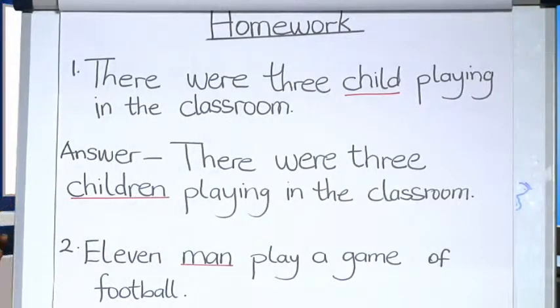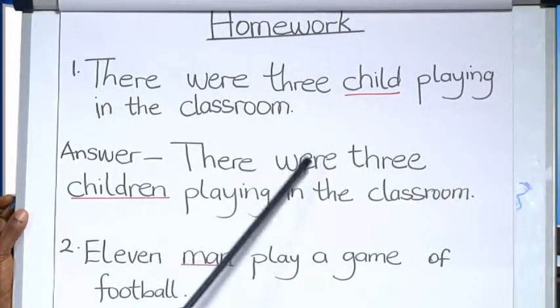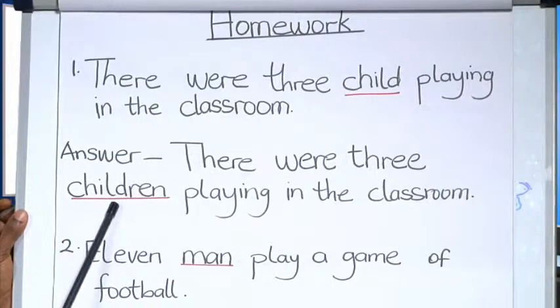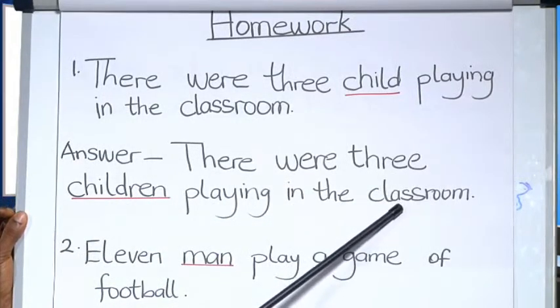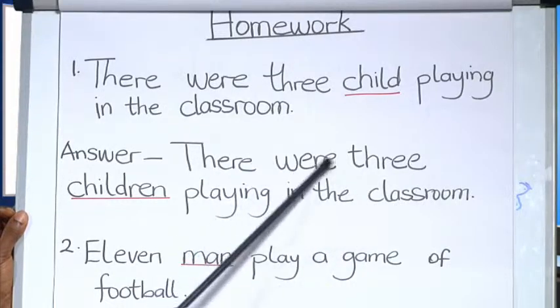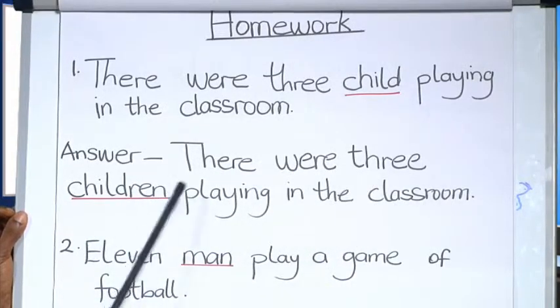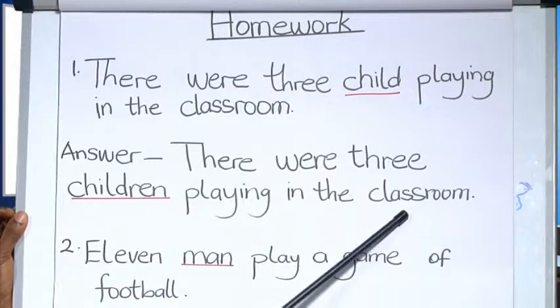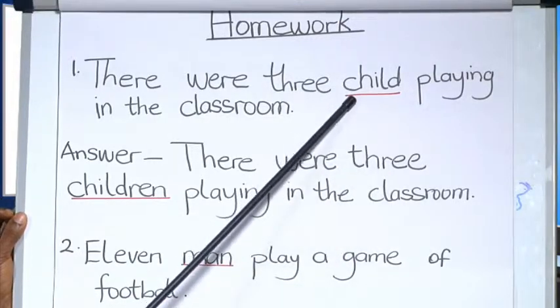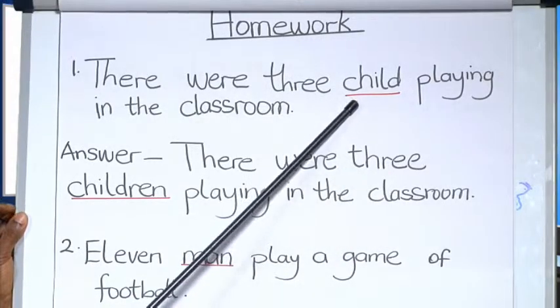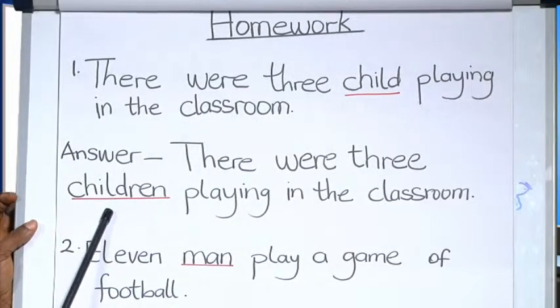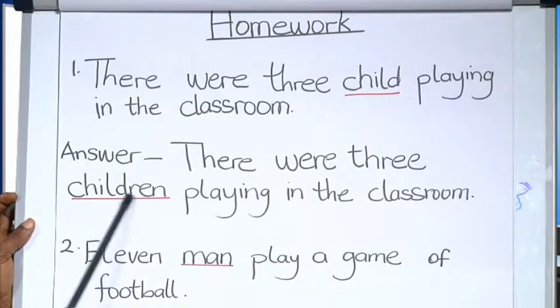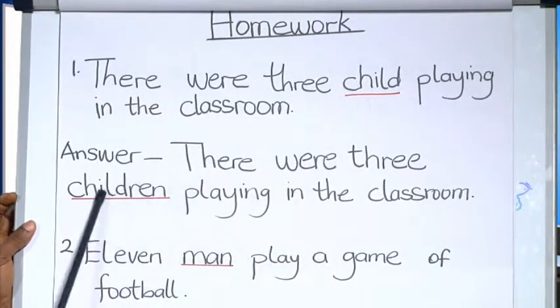And the answer is, there were 3 children playing in the classroom. So over here you can see that the child has changed to children. So the answer is children. The plural of this irregular noun has changed to children.